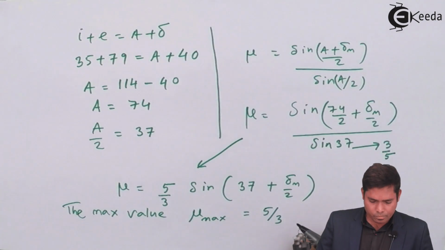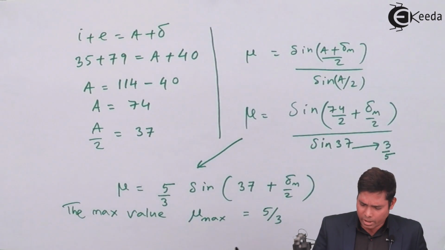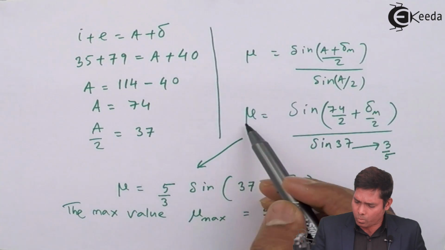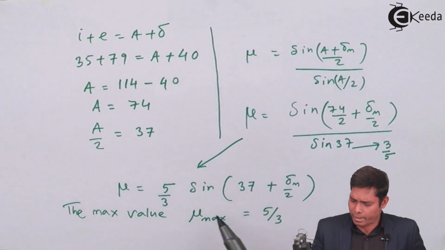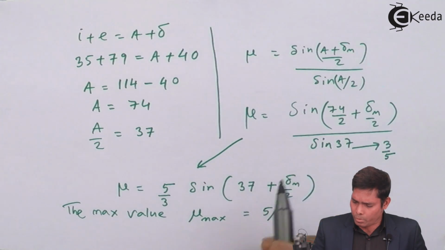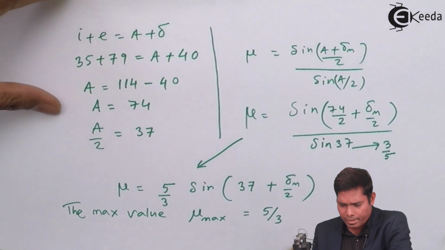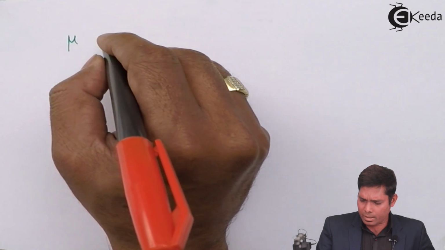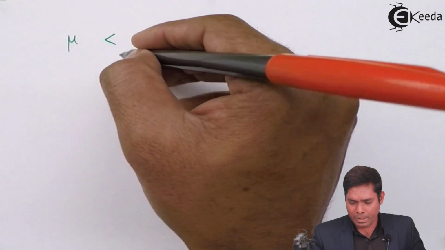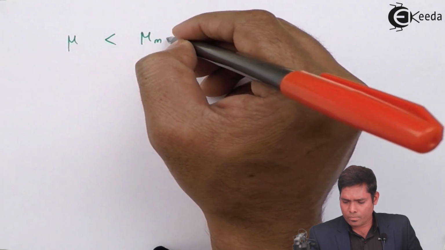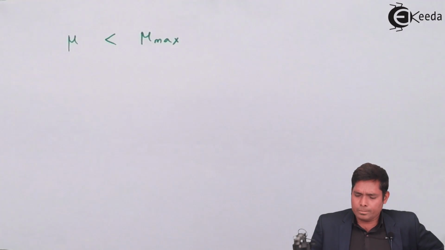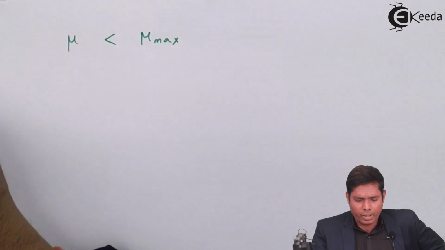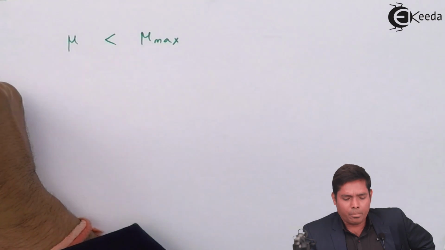But we are interested in mu being less than this mu maximum. Mu will be less than this mu max. It has to be less than that, because we are taking delta m minimum value.